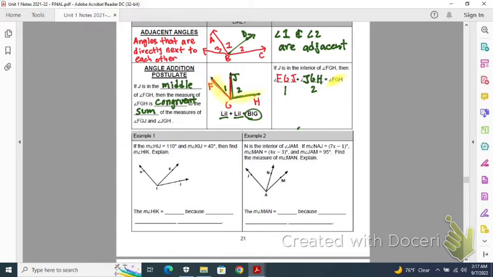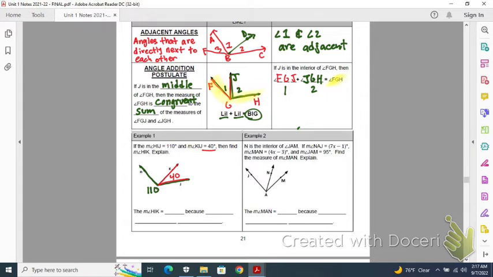Okay, let's go ahead and do an example. If HIJ is 110, HIJ is this big angle that is going to be 110 degrees, and KIJ is 40. Then find HIK. So this is similar to the segment addition postulate.